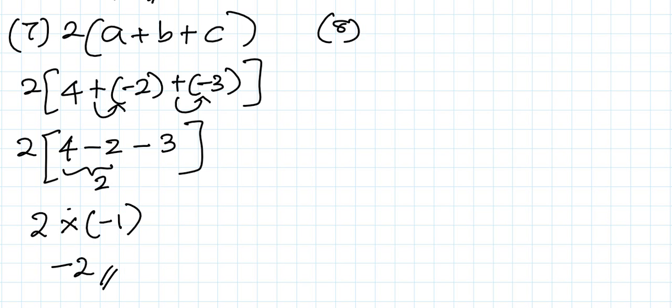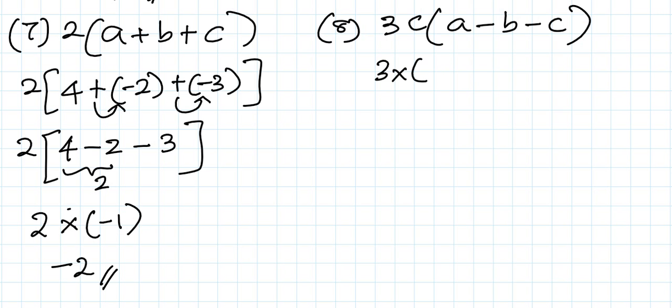And question number 8, 3c (a minus b minus c). So 3 multiplied by c is -9. Within bracket, a equals 4 minus b, which is -2, and again -3.